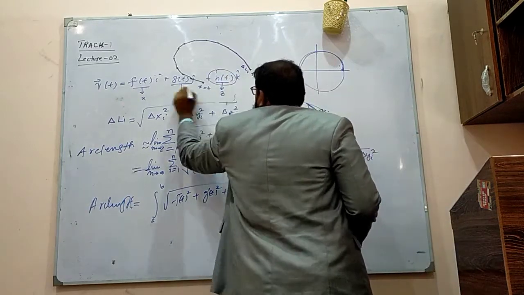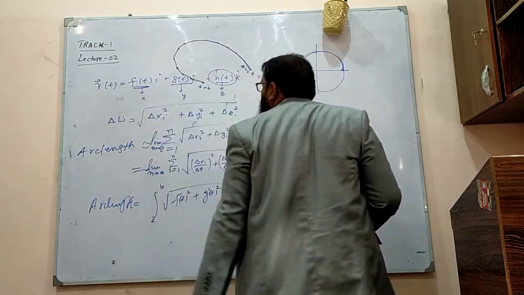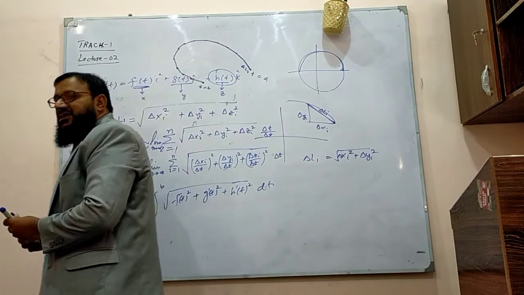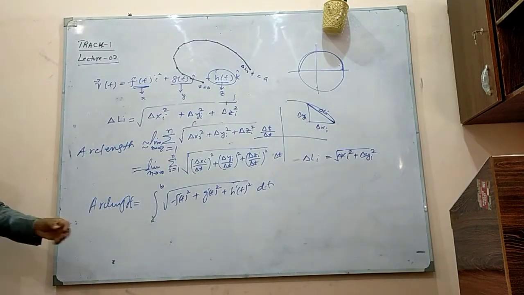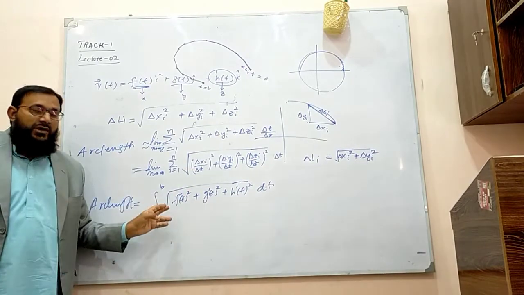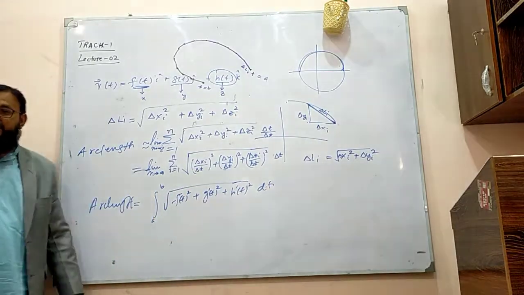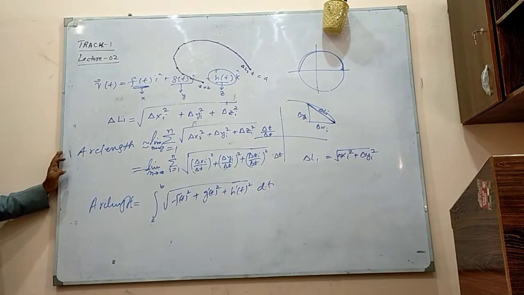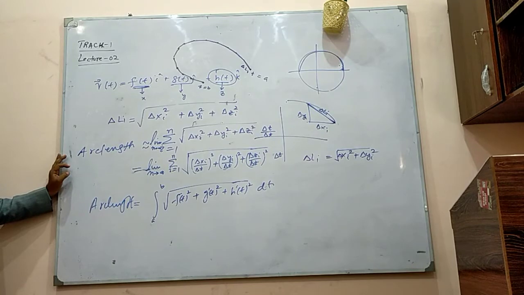This h is going to be 0, f of t is going to be cos t, and g of t is going to be sin t. We just differentiate, put these here, square and take a square root, and take the integral from some points, let's say a to b. This is what we call the arc-length for that particular circle.